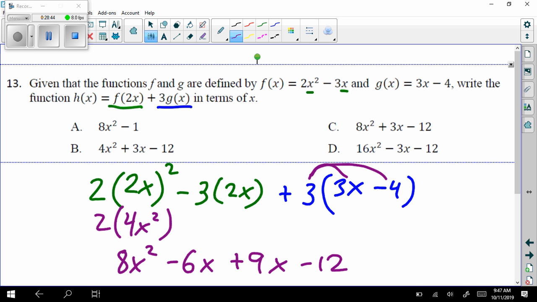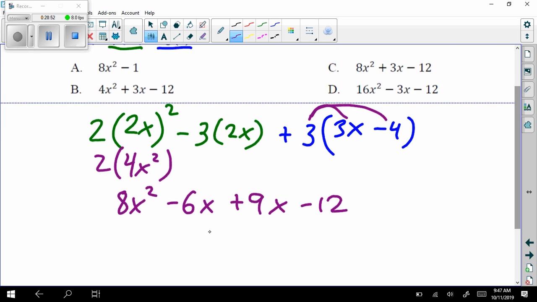And then you combine like terms. So the negative 6x and the positive 9x, those get combined to positive 3x. So it is C.